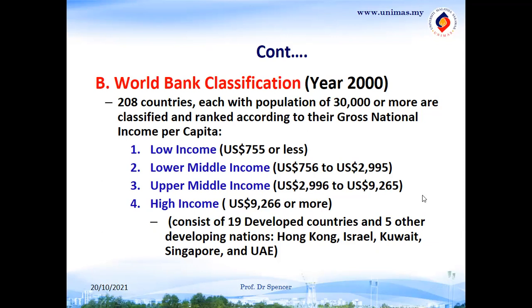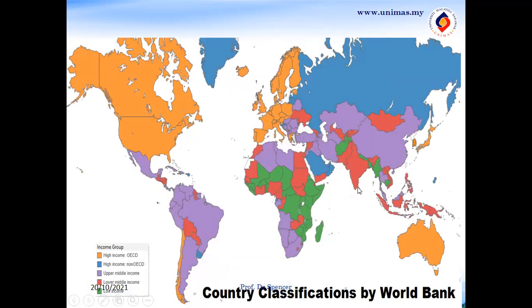And by the way, some of these countries, this is in the year 2000, right now have been classified as developed countries, if you look at gross national income per capita, for example, Singapore, Hong Kong, and so on. Okay, so this is also the map showing where the high income countries, low income countries, and so on. All right. So you can look at that later on by yourself and study the distribution.